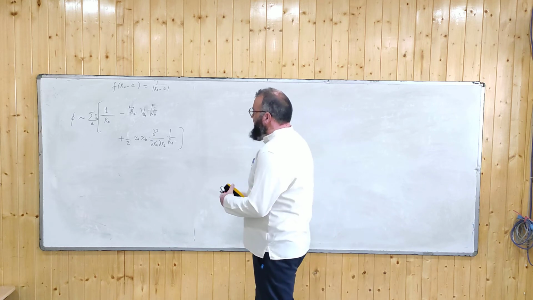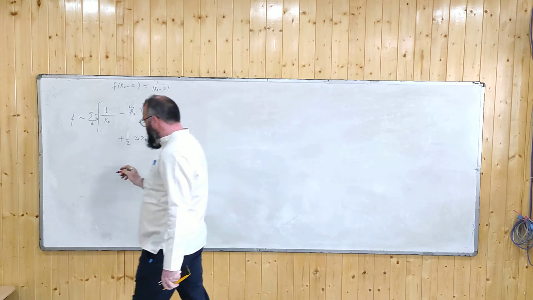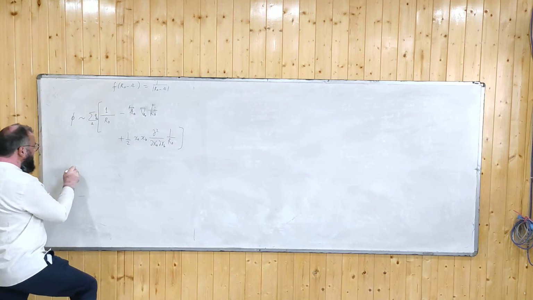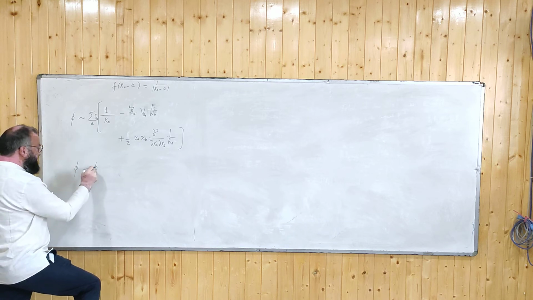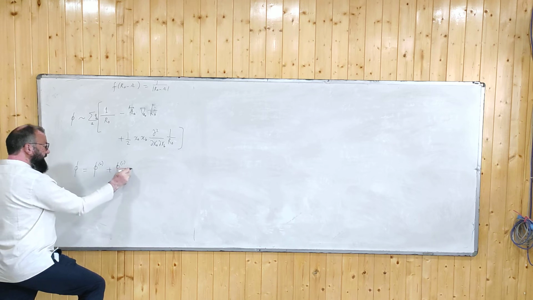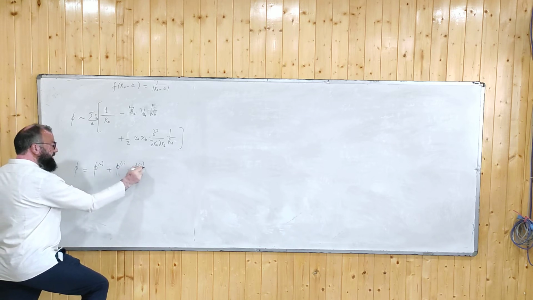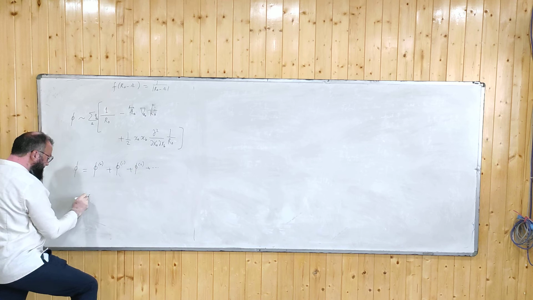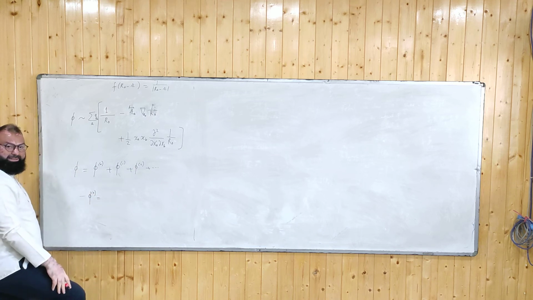Okay, so I can write this phi as a zeroth order term plus a first order term plus a second order term and so on. What is the zeroth order term? Let's take the zeroth order term, which we call the monopole term.